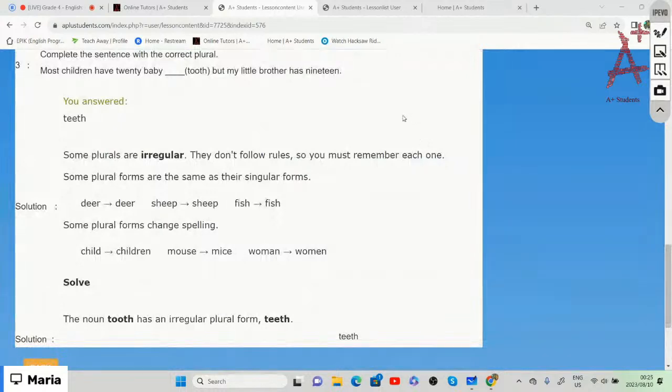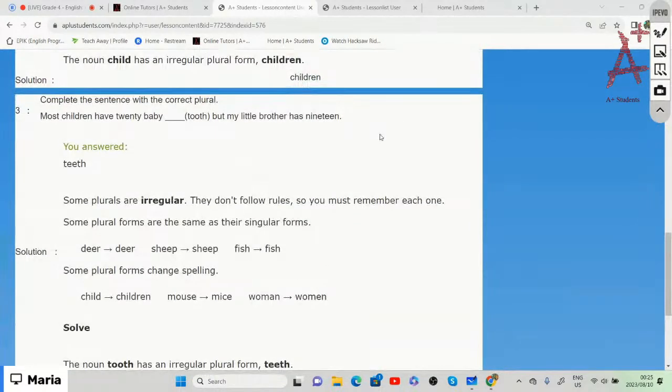We need to complete the sentence with the correct plurals, right? Most children have 20 baby tooth, but my little brother has 19. So we need to change that word tooth into a plural form.